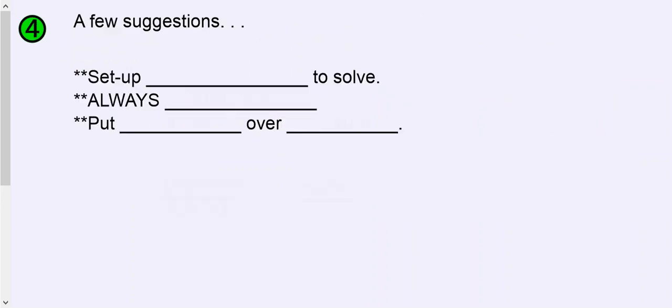Alright, some suggestions for you when you are solving problems related to scale drawings or scale factor. We want to set up proportions to solve, and as always we want to label our units, and when we're setting up our proportion we want to put the drawing measurement over the actual measurement.